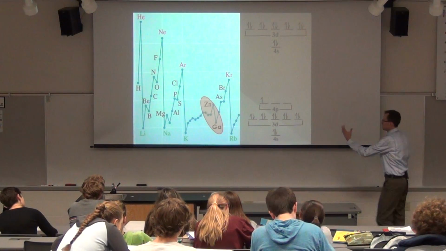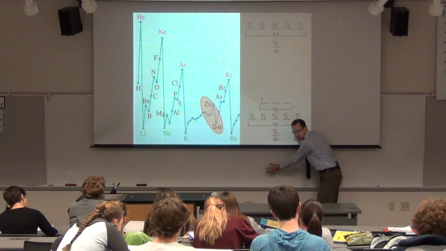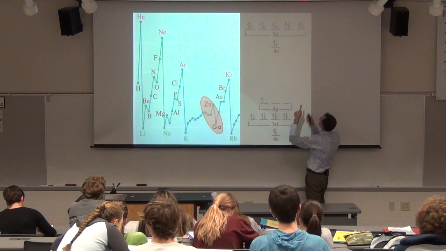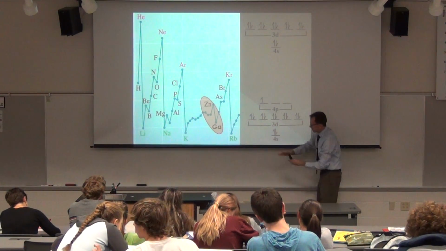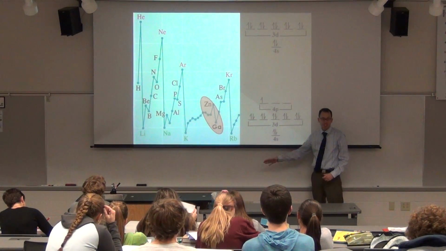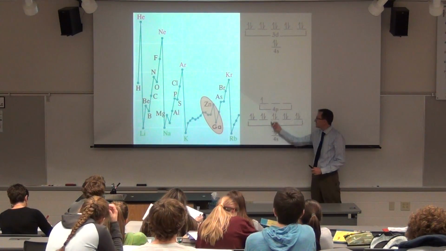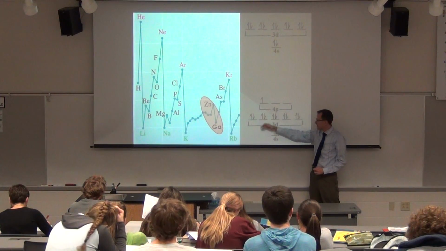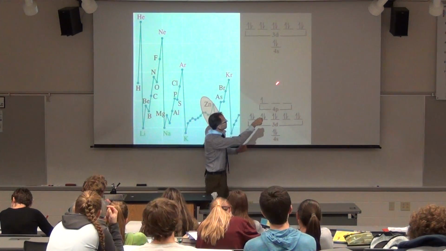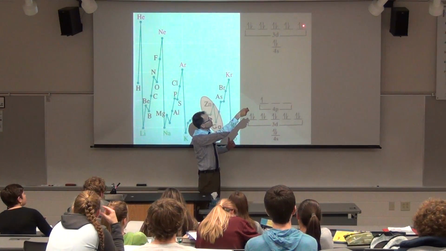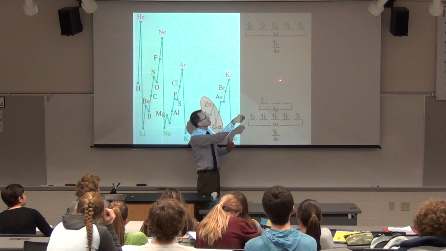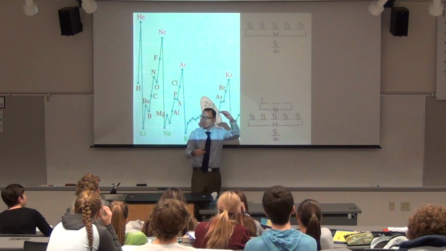So if you just imagine my nucleus down here, it's trying to attract that last electron. All this other stuff, 1s, 2s, all of it's in the way, and it's weakening that attractive force holding on to that electron. In this one, basically none of these are blocking that attractive force because they're all the same distance.